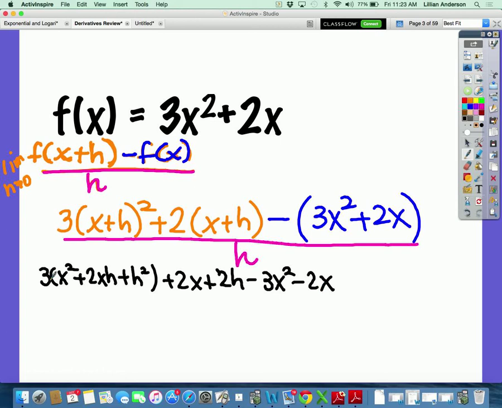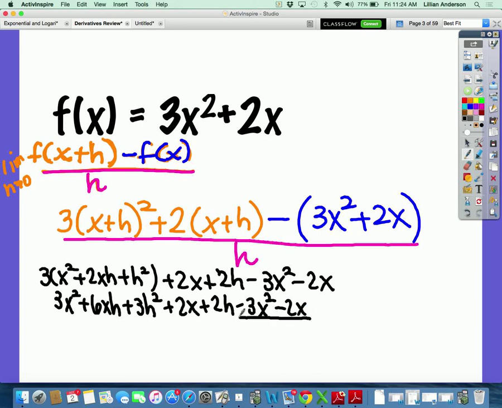Now what am I going to do with this 3? Distribute. Okay, since I'm a little bit short of space, unlike you guys, I'm not going to put over h yet, because I still have to distribute that 3. I'm just trying to save myself just a little bit of space here. Okay? So I'm distributing the 3. And now we cancel. Things should cancel, okay?